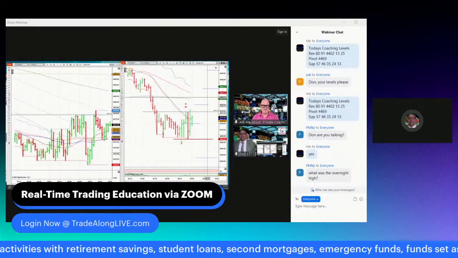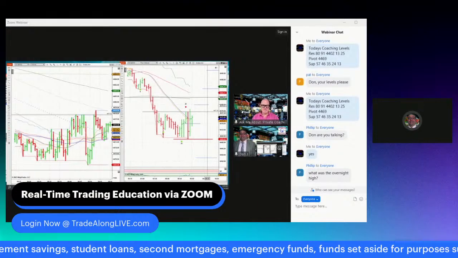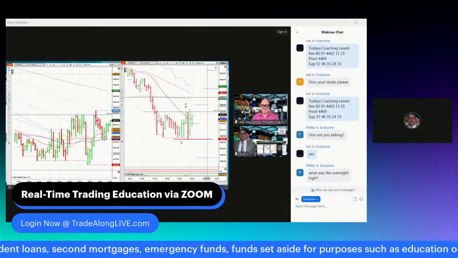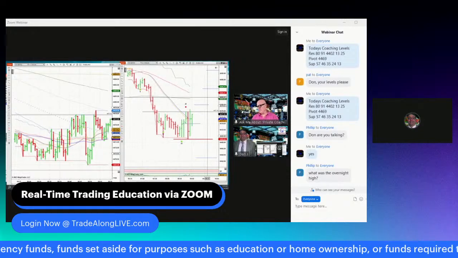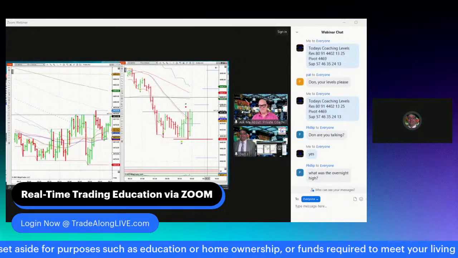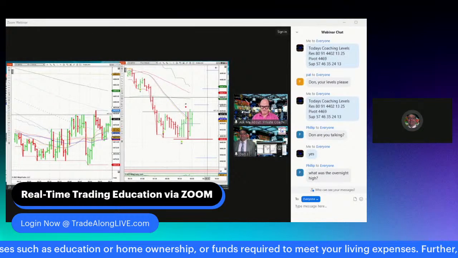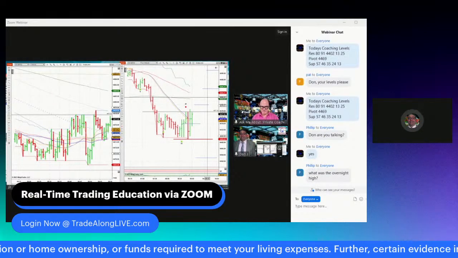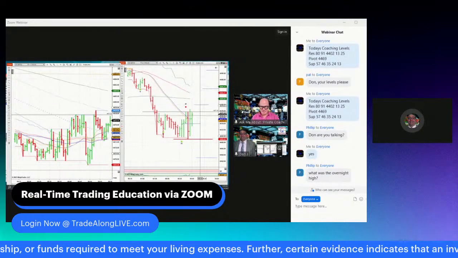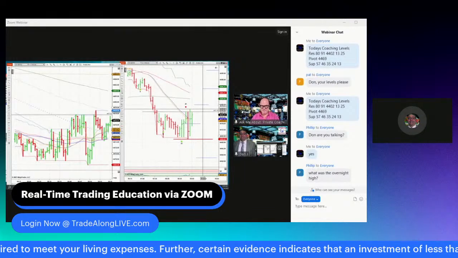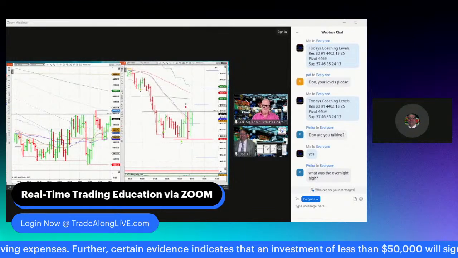We're looking for 80. We're coming back up here to this 77, 75. We should get all the way up here to 78.